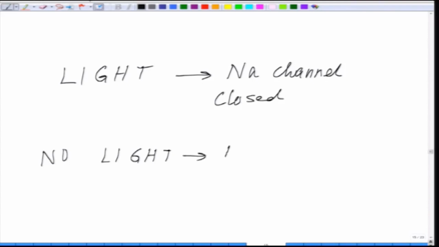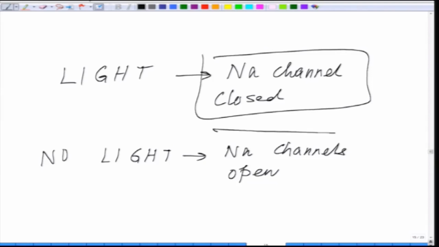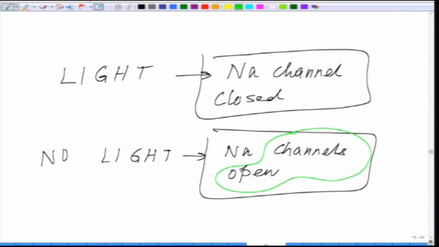No light, sodium channel open, fine. Now, the next challenging question was, what keeps this sodium channel open at this stage? As if a door is kept open. So, how do you keep your door open? There are three ways you can keep a door open.